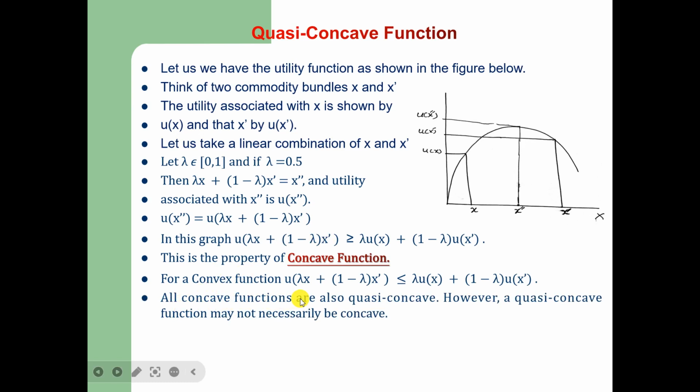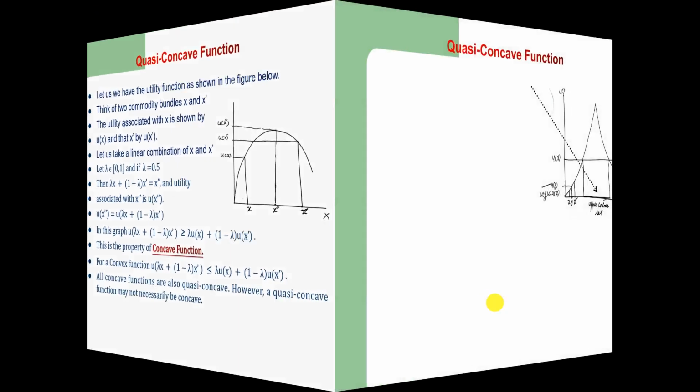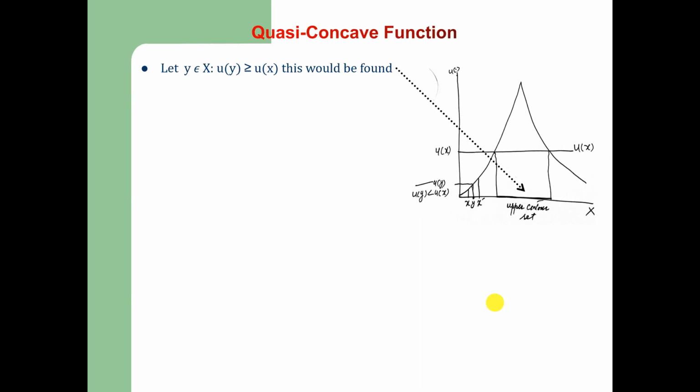So all concave functions are also quasi-concave. However, the opposite may not be true. That is, a quasi-concave function may not necessarily be concave. Let y be in the commodity space such that u of y is greater than or equal to u of x. This would be found in this area in this figure. So this condition will be met here.